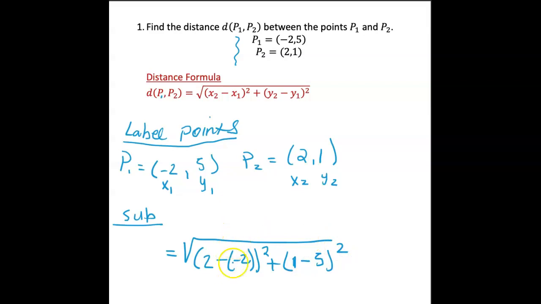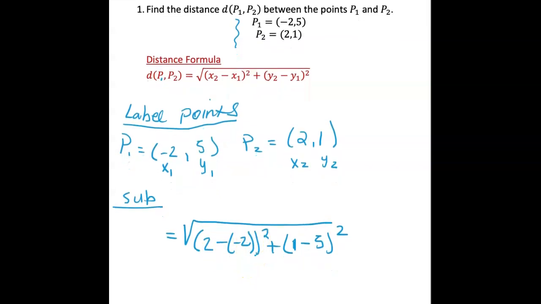Notice the formula has a negative and you're substituting a negative number, and that's why I have the double parentheses. So now negative times negative is a positive, so 2 plus 2 is going to give me 4 squared, plus 1 minus 5 gives me negative 4 squared.